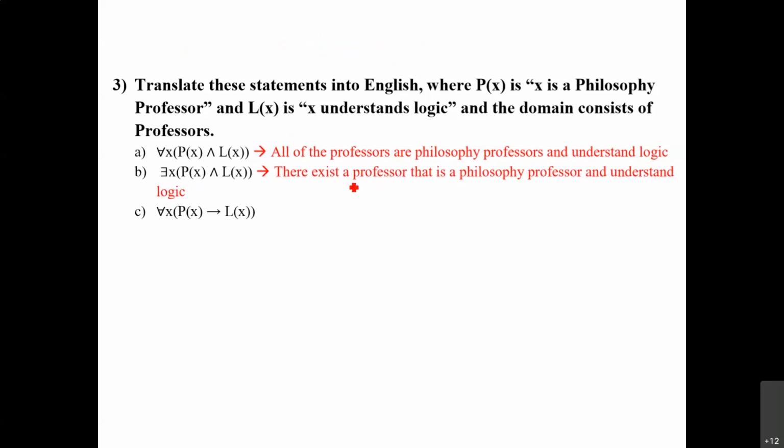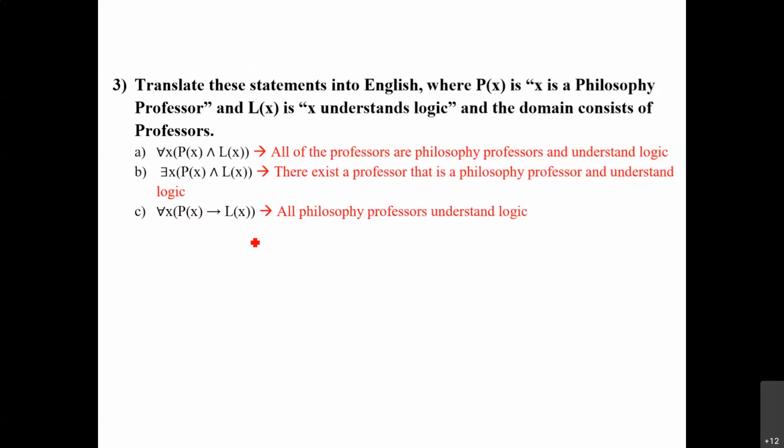Okay. What about this? Again, this property is gonna be true for all professors. If this professor is a philosophy professor, then he understands logic. Okay. How will that be? All philosophy professors understand logic.